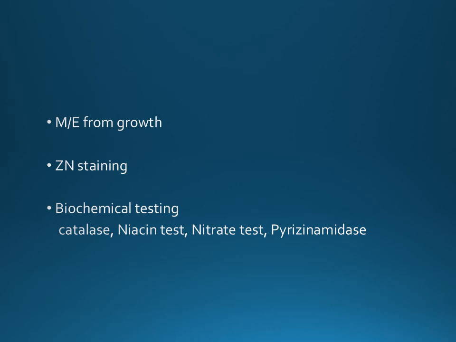You have to do staining, and here it is Ziehl-Neelsen staining. Once you notice acid fast bacteria there, it is confirmatory that you are getting this growth, and then you can go for certain biochemical tests like catalase test, niacin, nitrate, and pyrazinamidase test.